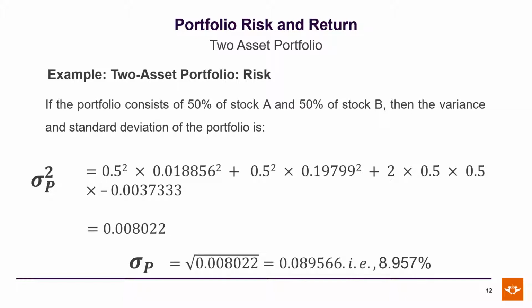But by combining these two assets in a single portfolio, and because their covariance is negative, which means that their returns move in opposite directions, we've actually brought down the risk to just under 9%. So the average return is lower than 12%, which was stock B's return, but the risk is significantly lower than that for stock B, which is around 20%. And that is the benefit of diversification.